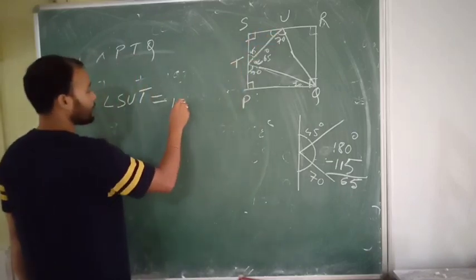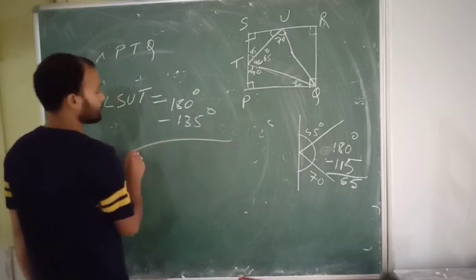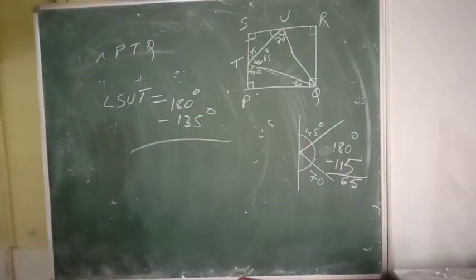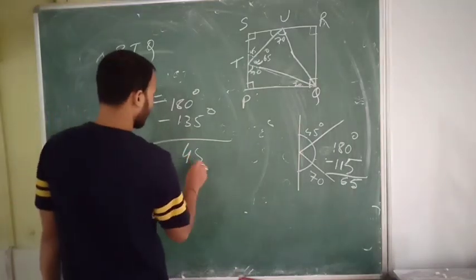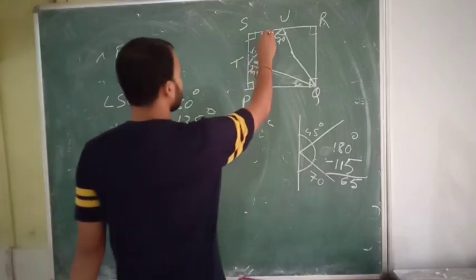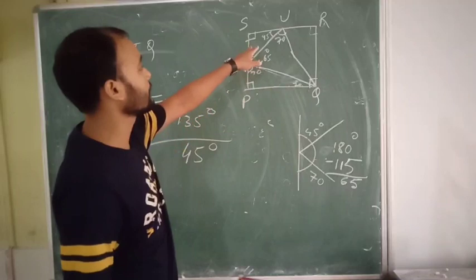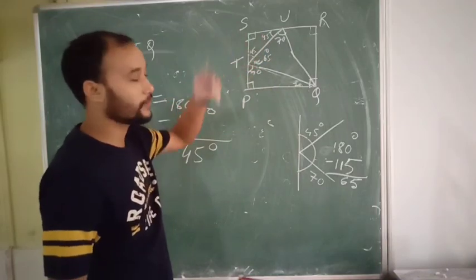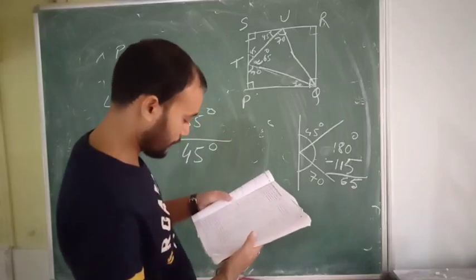That is 180 degrees minus 135 degrees. Fine. We will have 45 as the answer. So angle SUT is 45. Obviously, we can very easily calculate this. 45 plus 45 is 90, 90 plus 90 is 180. Now this is 65. Okay, this is done.